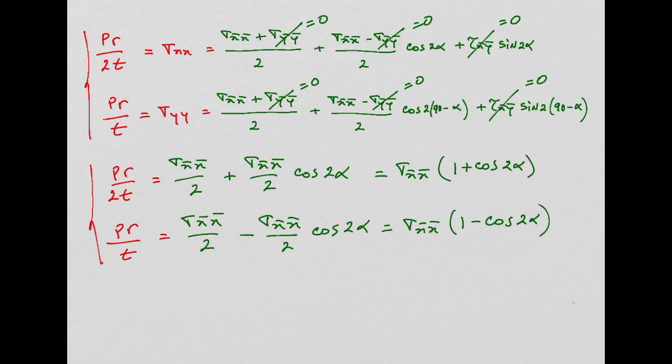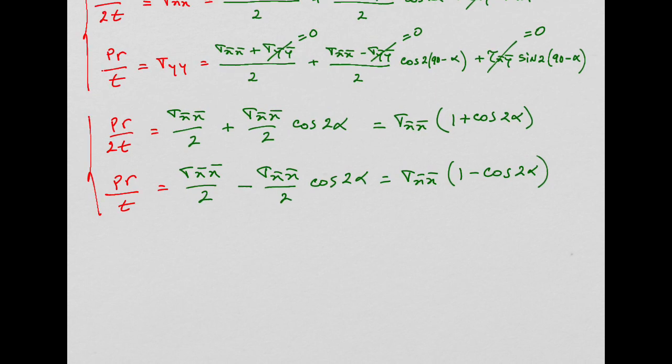Now, if I divide these two equations, on the left-hand side I will get 1 over 2. And on the right-hand side, sigma x bar cancels if I divide both, right? I will get 1 plus cosine 2 alpha over 1 minus cosine 2 alpha.